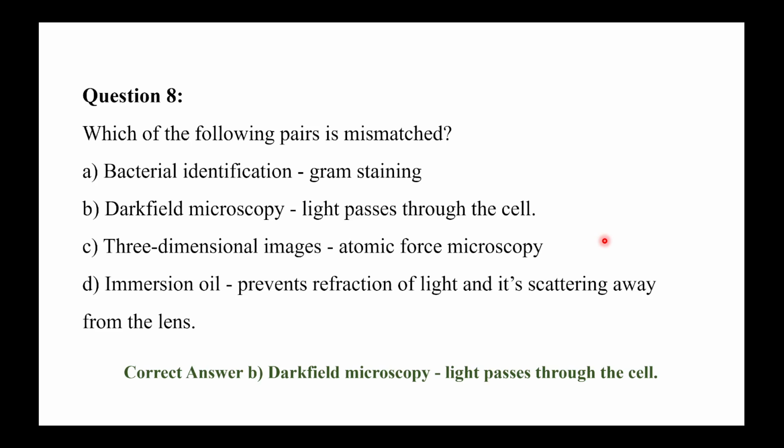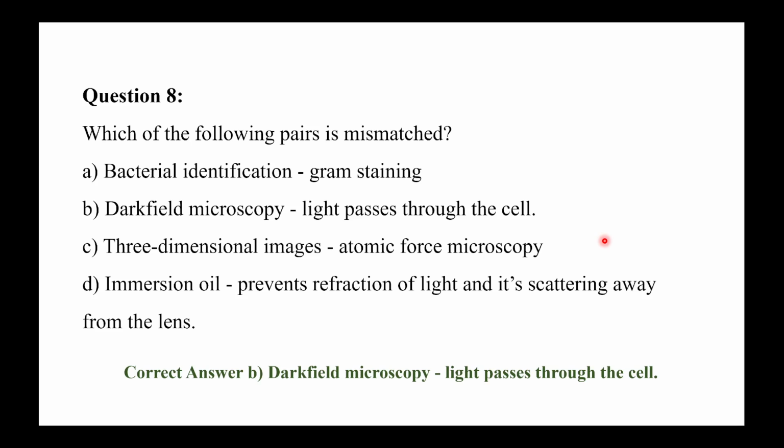Then atomic force microscopy is a type of microscopy which is used to determine three-dimensional structure. So you can determine the height and the morphology of the structures, morphology of the sample using this type of microscopy.